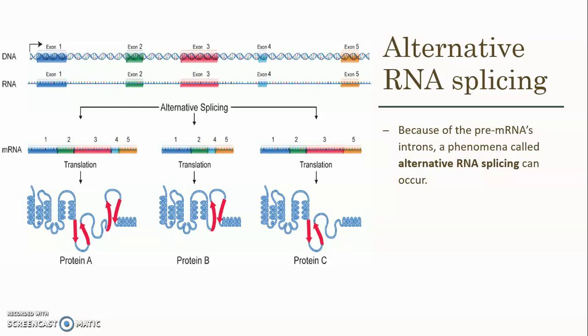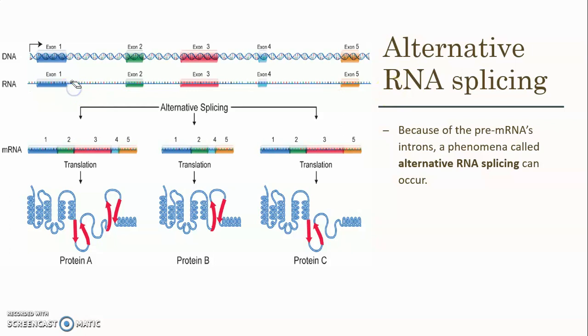If we look at a sequence of DNA at the top of this picture, you can see exon 1 in blue, exon 2 in green, exon 3 in red, exon 4 in light blue, and exon 5 in orange. And then all of the DNA in between, those are the introns. If we look at the messenger RNA that originally gets made, that pre-mRNA, you can see that it has all of the exons as well as all of the introns.